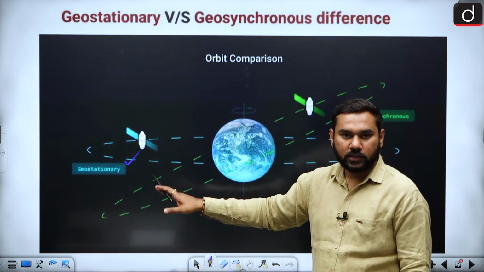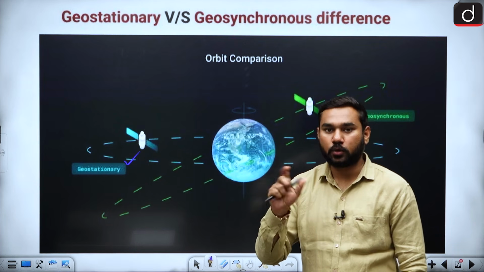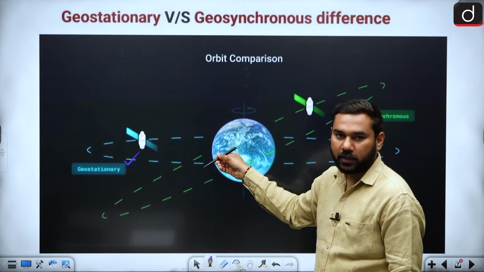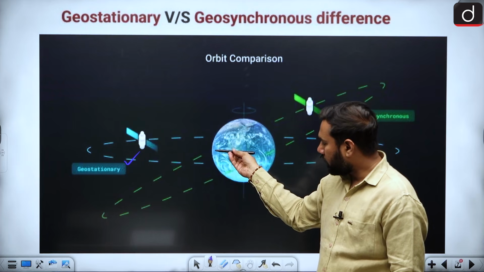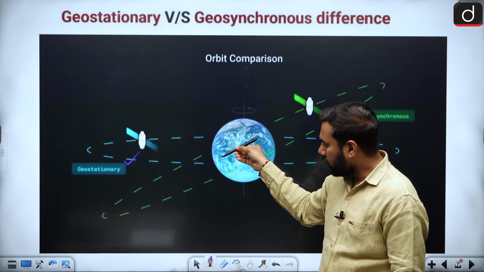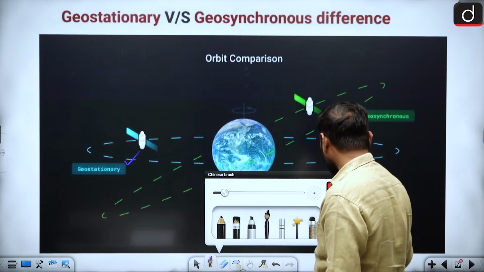But if this place is filled, how can we use it again? Because we need the synchrony of a 24-hour time period. So we tilt it by some degree. Geostationary has a 0-degree angle with the equator, but if you make some angle with it, the distance is still always 36,000 kilometers.